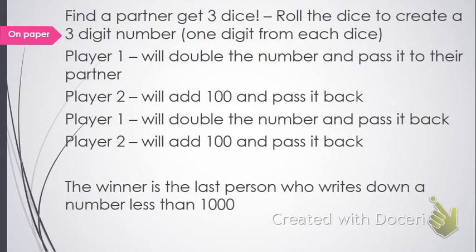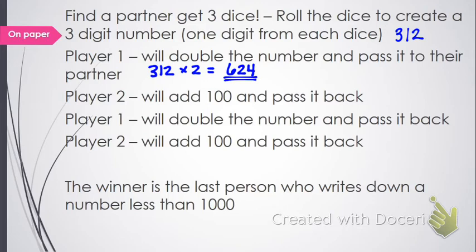So, for example, if I rolled my 3 starting dice and I got 3, 1, 2, that's my 3-digit number. If I'm player 1, then I would take that, 3, 1, 2, and double it. So that would give me 6, 2, 4, right?